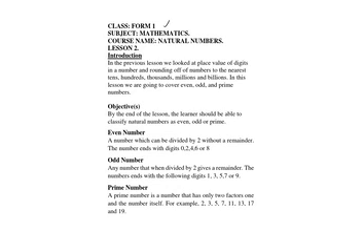An even number is a number which can be divided by 2 without leaving a remainder. And this number ends with digits such as 0, 2, 4, 6, or 8.